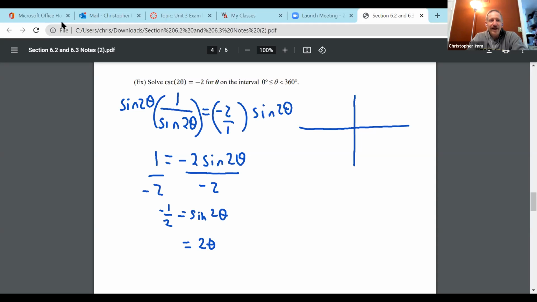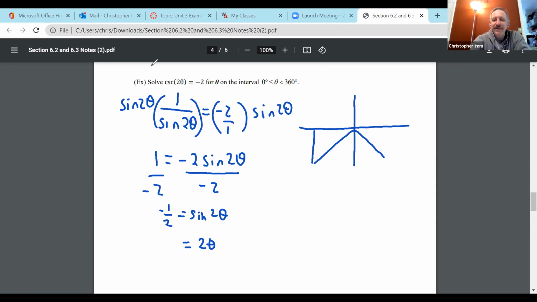So let's go ahead and discuss this. Caleb, what 2 quadrants are we dealing with here where sine is negative? 3 and 4. Excellent. So I'm going to draw those in here.